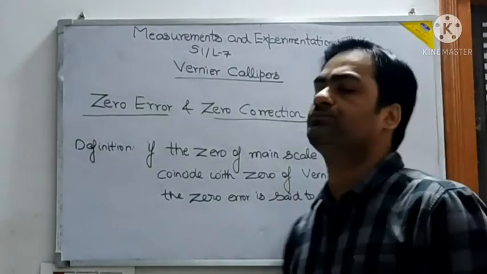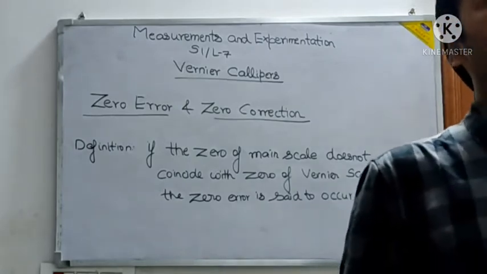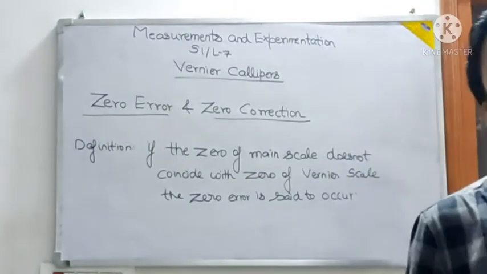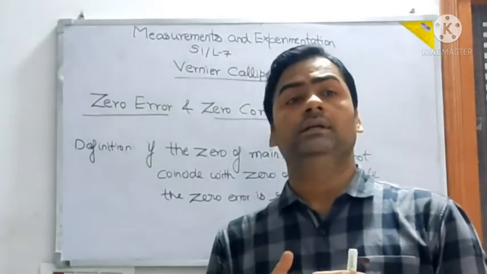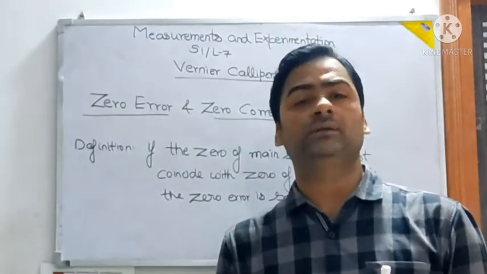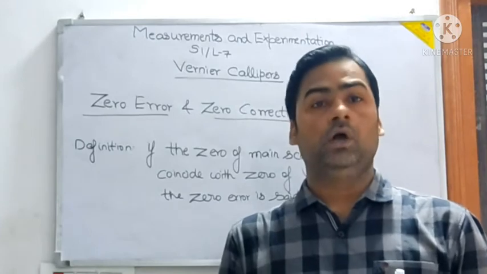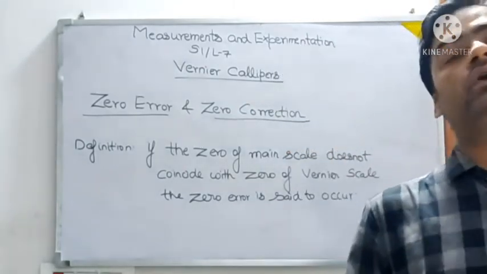Now see, two cases can be there. If there is zero error, either we will be measuring more than what we have to measure, or we can measure less than what we are supposed to measure.